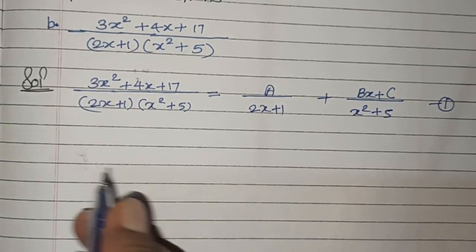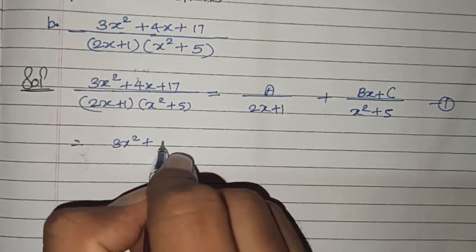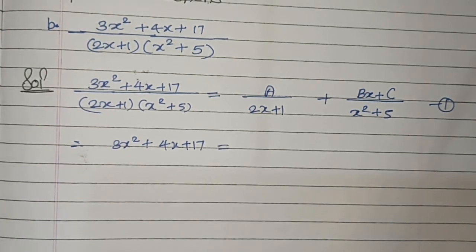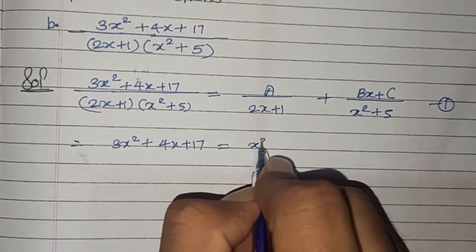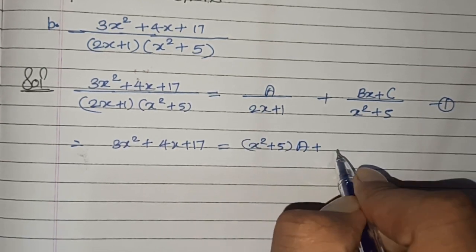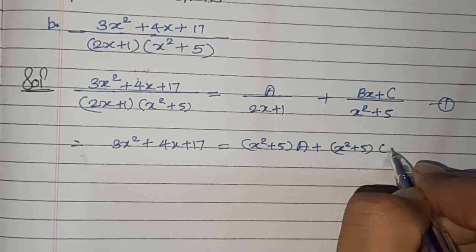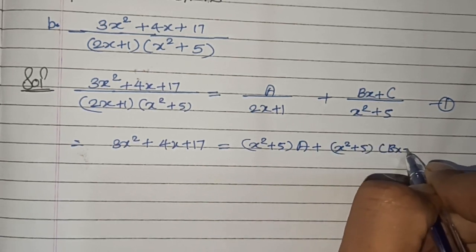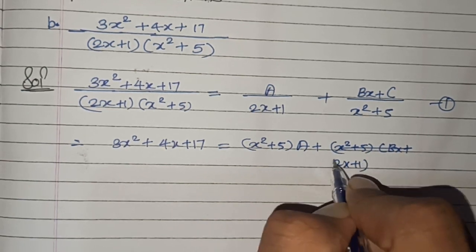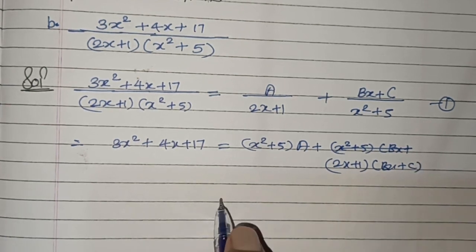Cross multiply. So the numerator of the left hand side equals the numerator of the right hand side. Here it is x square plus 5 into a plus, sorry, it is 2x plus 1 into bx plus c.